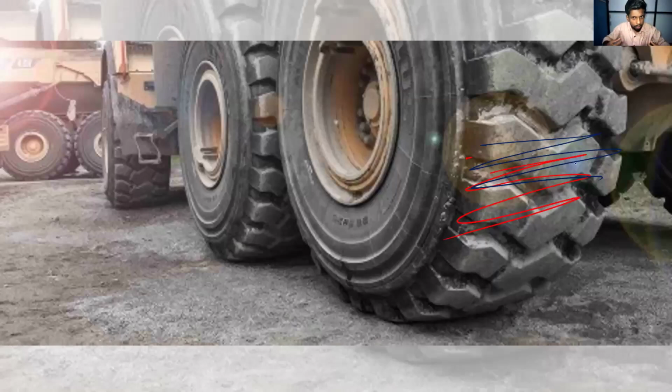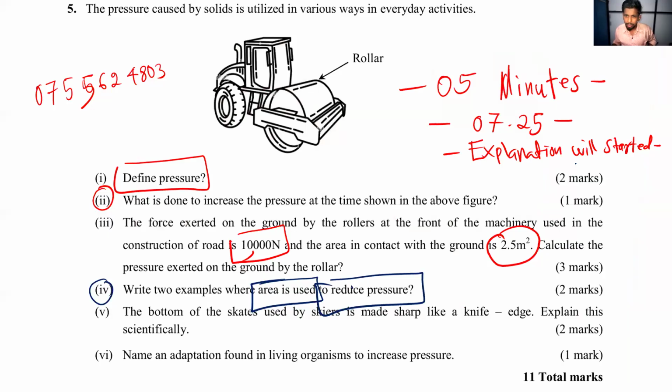When it is narrow, if your bag has narrow straps, it will apply more pressure on your shoulder. So in the bags and also in the building foundations, we make it broader to decrease the pressure. So you can write the bags, the tires of the big vehicles, and the foundation of buildings, like that. Okay. And already we have explained question number 5.